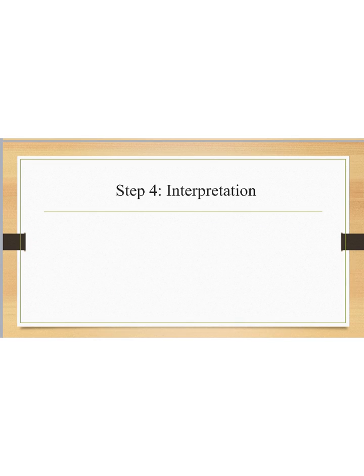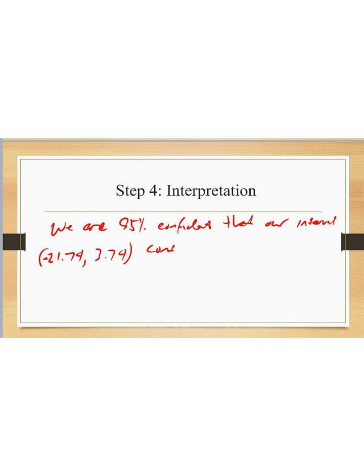So the long-winded approach again is we are 95% confident that our interval, which runs from negative 21.74 to 3.74, contains the, again, not mean difference, but difference in mean social media usage between seniors and juniors.